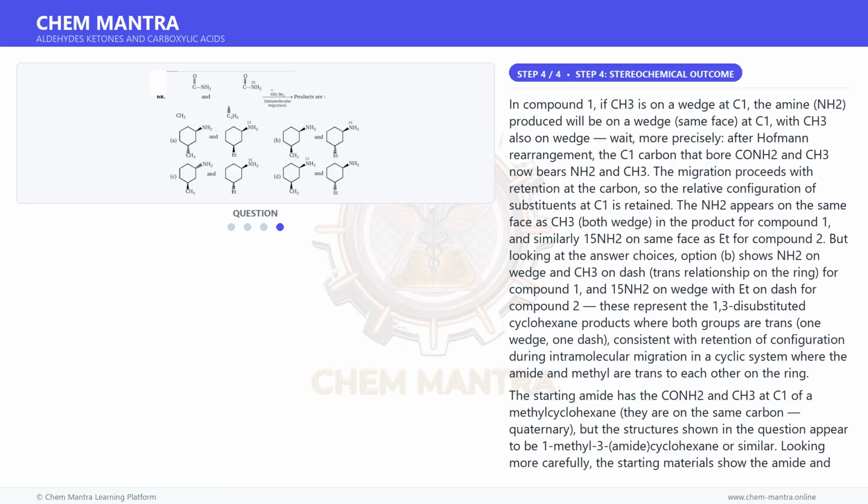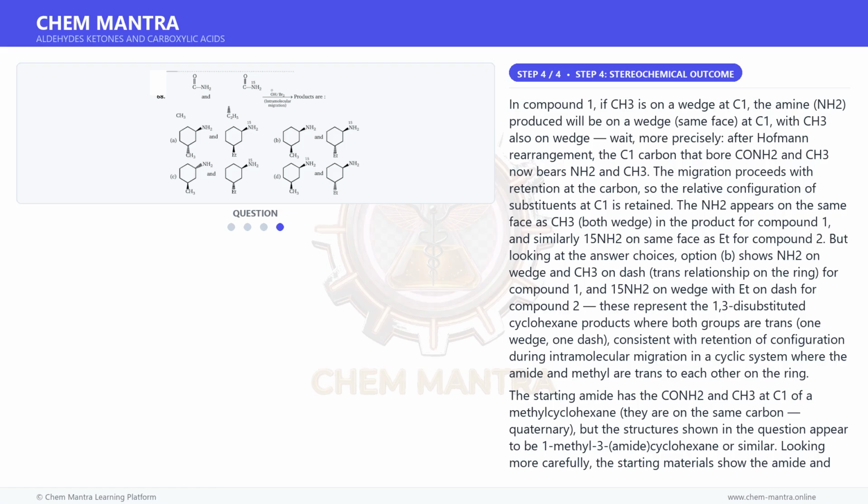They are on the same carbon, quaternary, but the structures shown in the question appear to be 1-methyl-3-amide cyclohexane or similar. Looking more carefully, the starting materials show the amide and the methyl or ethyl on different carbons of the ring with a specific relative configuration.